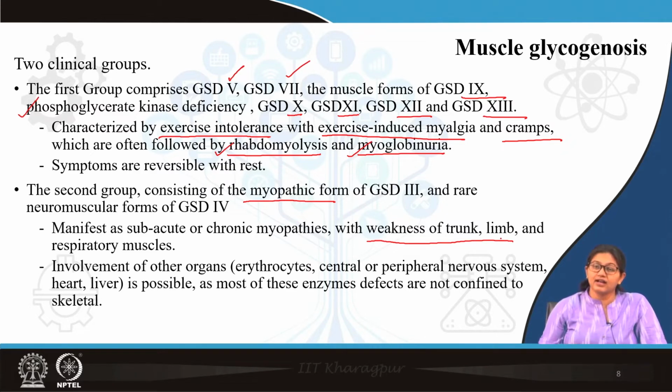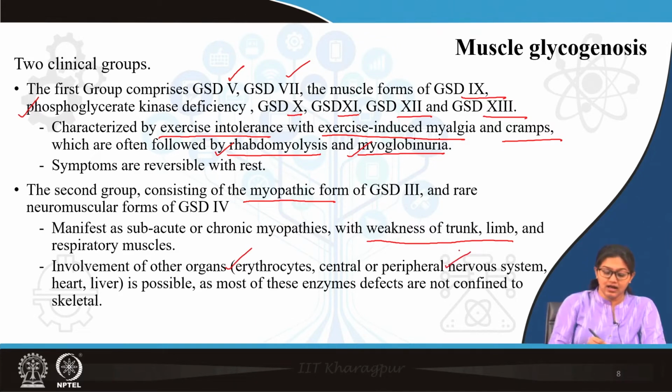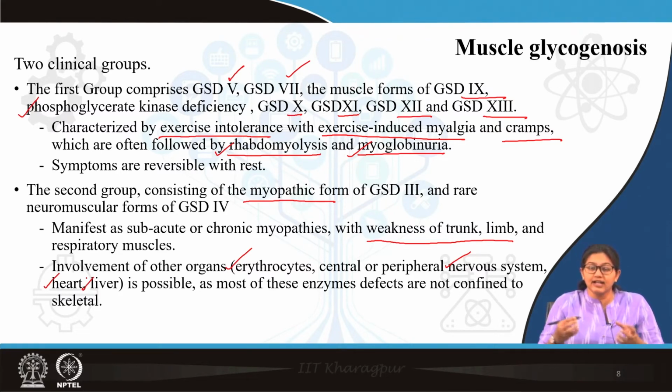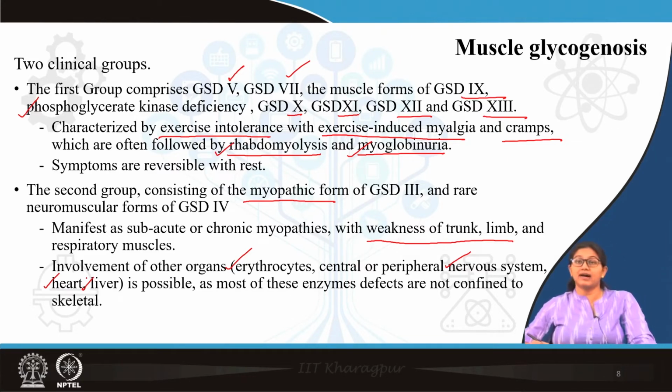Apart from that, other organs are involved as well, like RBCs, nervous system, heart and liver. These organs can be affected. So, the second group is not only causing myopathy, rather they affect other organs as well. So, these are muscle glycogenoses, remember. There are two forms.